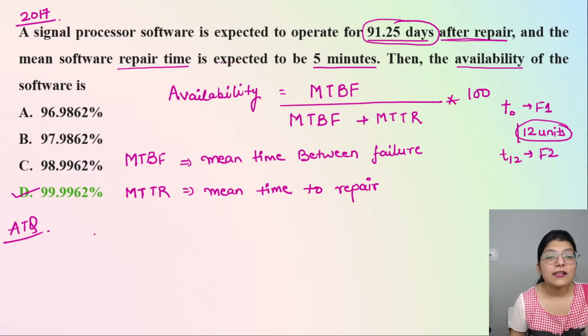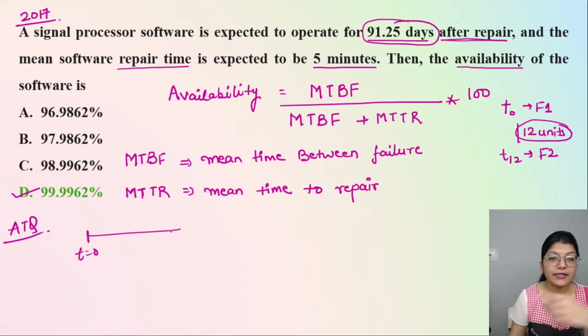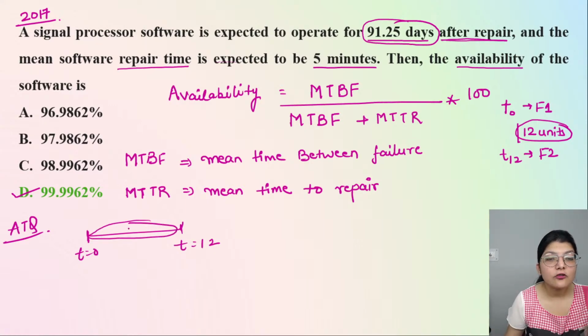Now I can say either that this is the working time of the software, with t equal to 0 it was repaired and then it worked until t equal to 12, or I can say that this is the time between two failures, right? So what they have written is that your software is operating for 91.25 days.